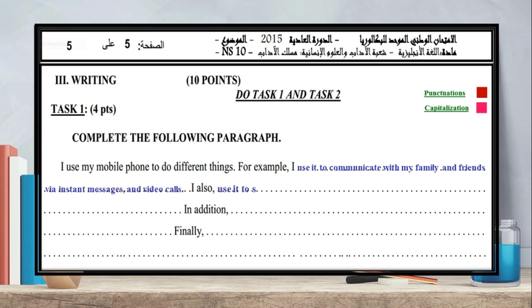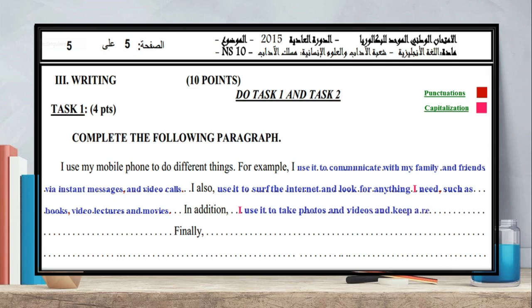I also use it to surf the internet and look for anything I need, such as books, video lectures, and movies. In addition, I use it also to take photos and videos and keep a record of my souvenirs with my friends. Finally, I always use my mobile phone to download my favorite music and short cartoon videos.